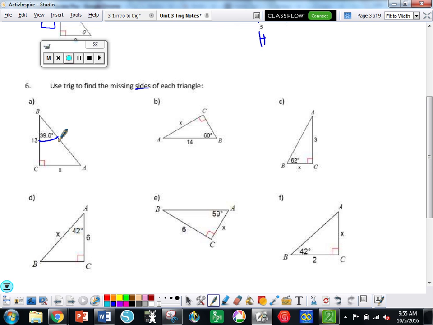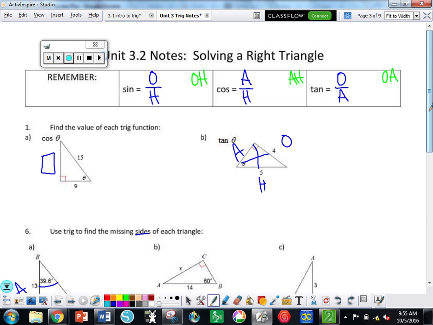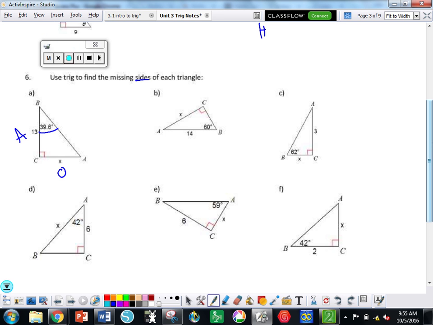Okay, based on that angle, what is this side right here? The x is the what? O. The 13 is the what? Adjacent. So this time you yourself have to decide if O and A is sine, cosine, or tangent. So I'm using O and A, which one of those three is it? The tangent. So here's how I would set up this problem.